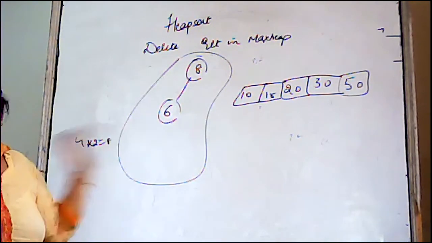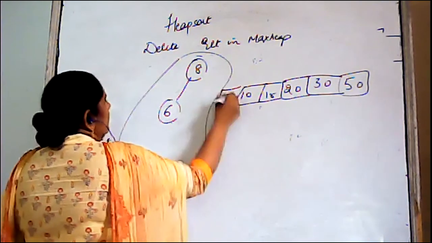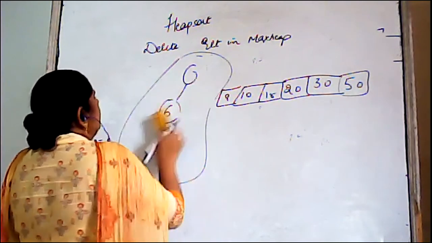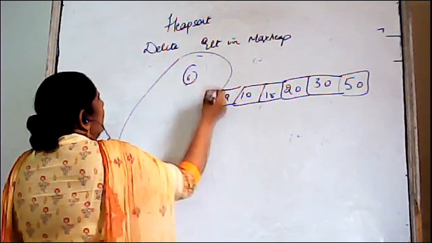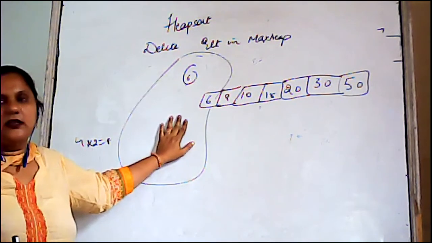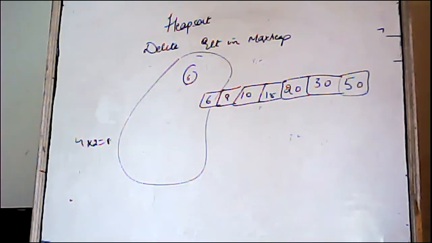Now remove 8. This 8 will be replaced by 6 itself. So the last number would be 6. Hence, we will get the sorted list in this manner.